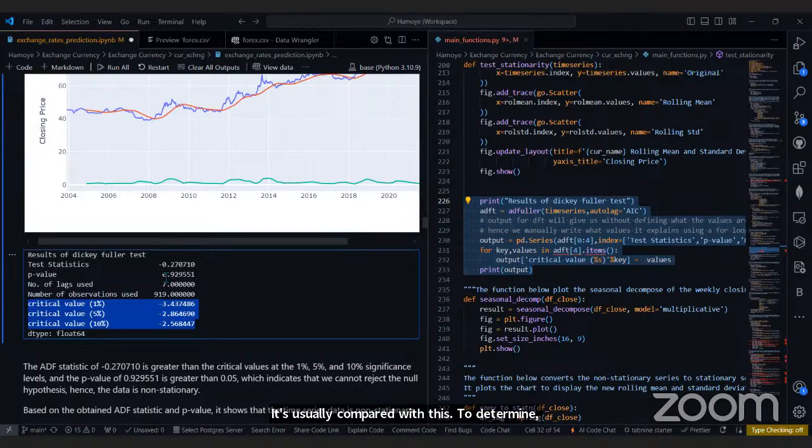So if this test statistic right now is less than the critical values, that is, more negative than them, we reject the null hypothesis of a unit root, indicating stationarity.